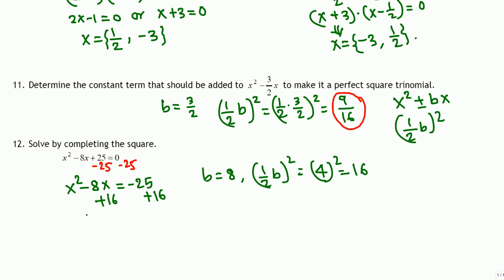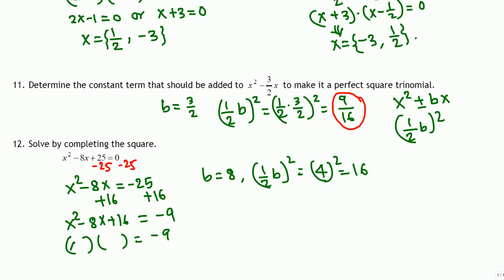Now the left side we can factor, and in fact this becomes a perfect square. Let me write one more step. x squared minus 8x plus 16 equals negative 25 plus 16, that's negative 9. We can factor, and this becomes a quantity squared, by the way, so you can skip this step.